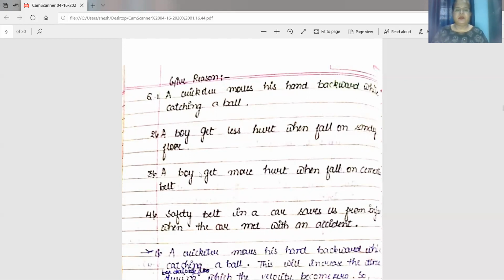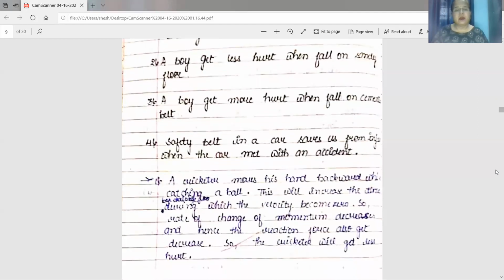The same question can be asked in 2 different ways: why does a boy get less hurt when falling on the sandy floor, or why does a boy get more hurt when falling on the cemented floor? And third one, a safety belt in a car saves us from injury when we meet with an accident, how?